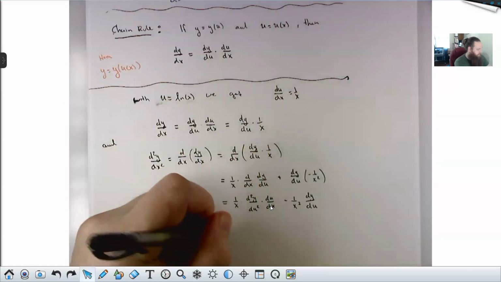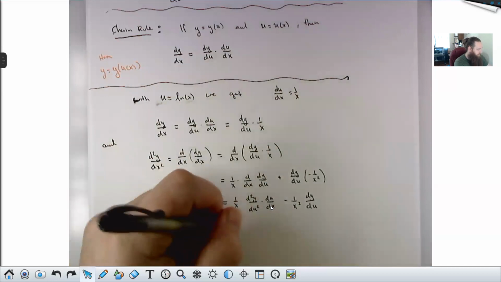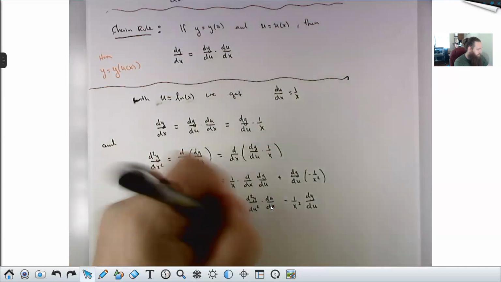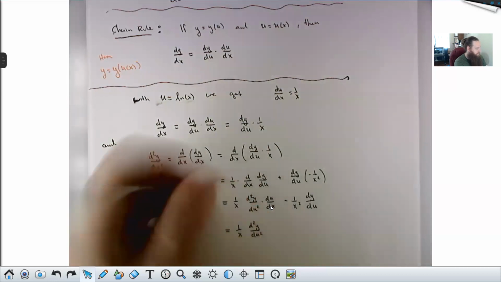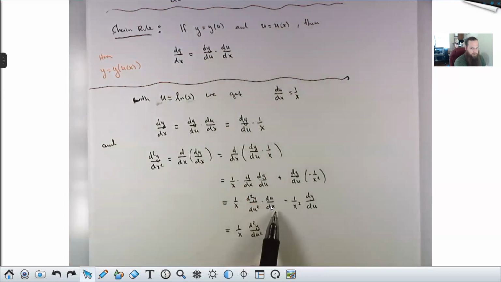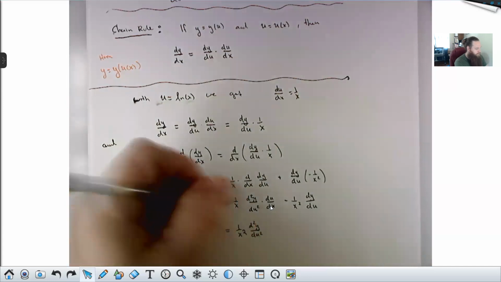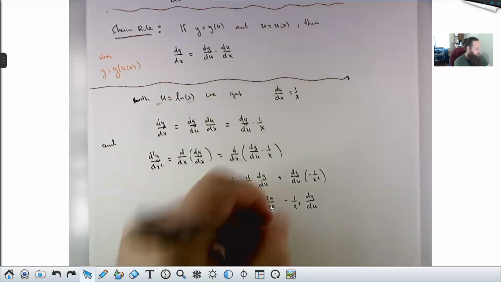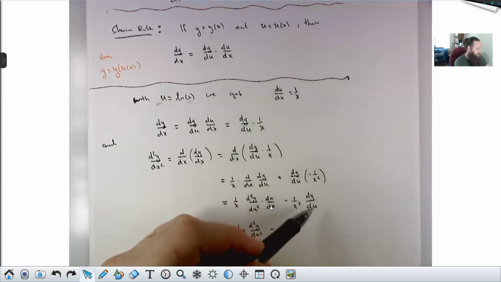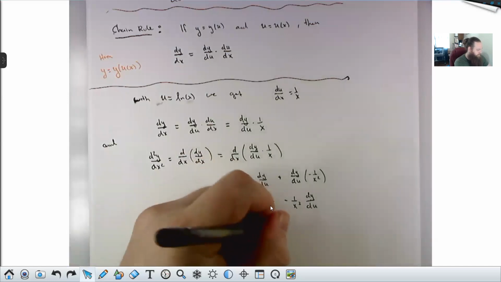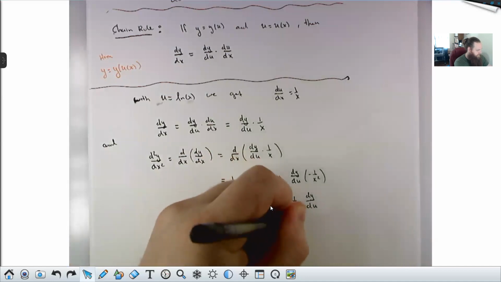So what do I have all together? I've got 1 over x times d2y/du squared times another 1 over x here, right? 1 over x d2y/du squared times 1 over x. So this is really 1 over x squared. And then minus 1 over x squared times dy/du.